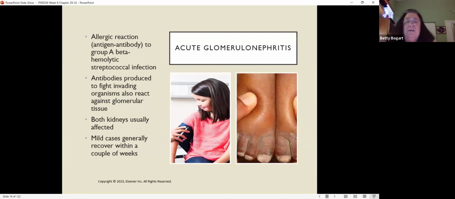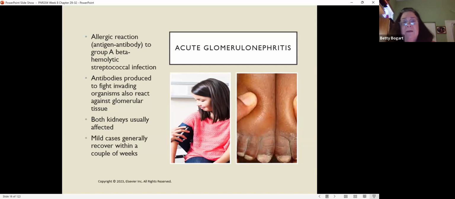Now, what is one of the conditions that is caused by a strep throat? A group A beta-hemolytic strep infection. Rheumatic fever, that's the first one we heard about, with the heart, where it causes mitral valve damage that cannot be repaired. Well, another problem caused by strep is glomerulonephritis, and it's called acute glomerulonephritis.